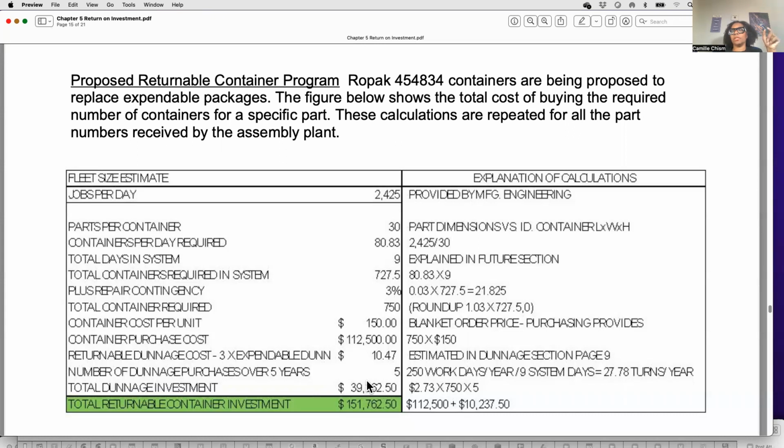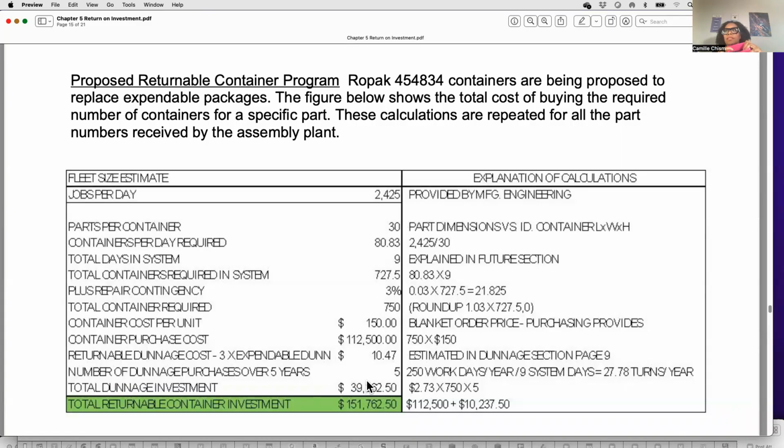The returnable dunnage is basically $10.50, while the expendable dunnage is going to be $3, maybe $3.15 or $3.20. I'll just round it up, just a rough estimate. This also tells you that they're going to need 5 pieces of dunnage for every bin over the next 5 years.